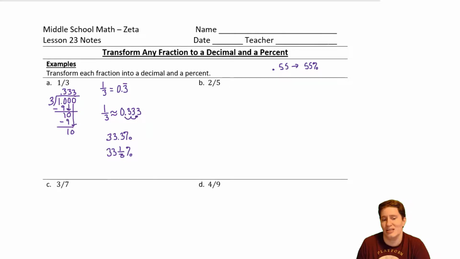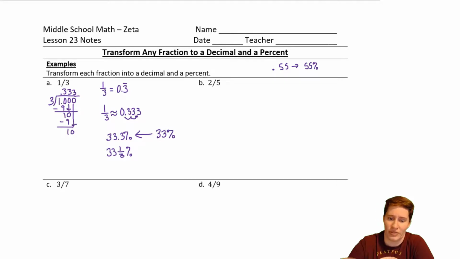Now, the reason I think this is important to think about at least a little bit is because if we just take 33.3%, or even if you had said it was just 33%, if we're saying that 1/3 is equal to 33%, we've actually kind of got an issue here.